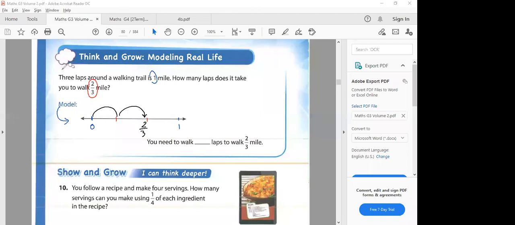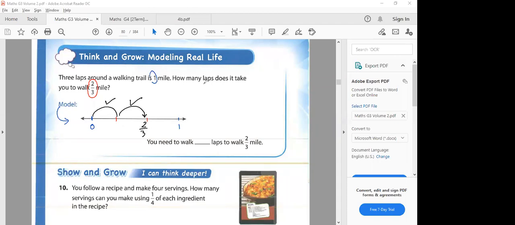So he said 3 laps around a walking trail is 1 mile. So this is 3 laps. The first lap, second lap will be 2 over 3 mile, like this. How many laps means how many jumps.